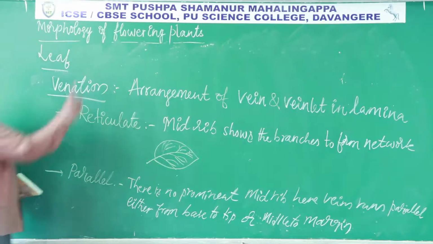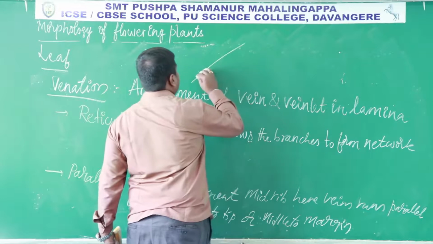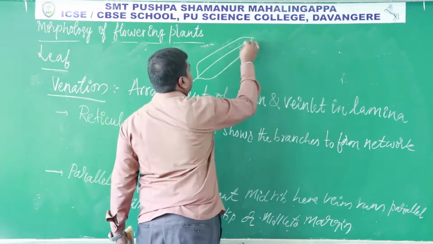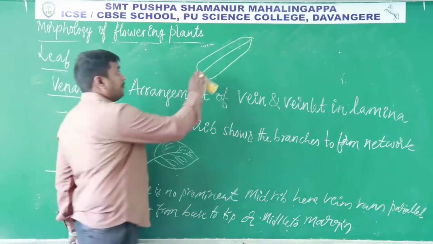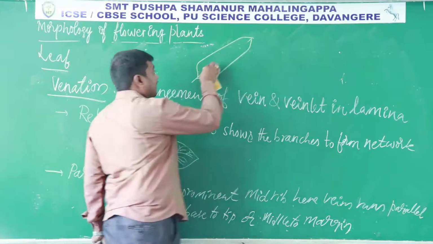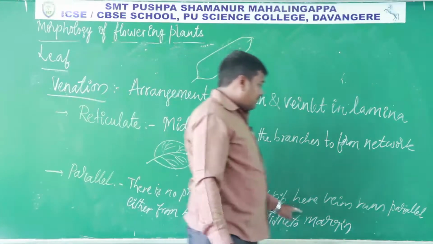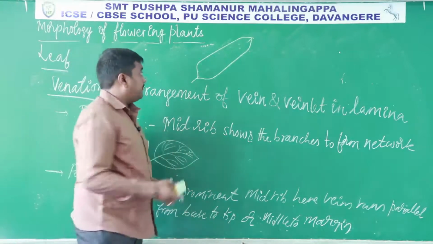Okay, so I will write the diagram there. In some leaves ನೋಡ್ಕೊಳ್ಳಿ, there is no prominent midrib. ಅಲ್ಲಿ prominent ಅಂತ ಒಂದು midrib ಇರಲ್ಲ. Here vein run parallel either from base to tip.